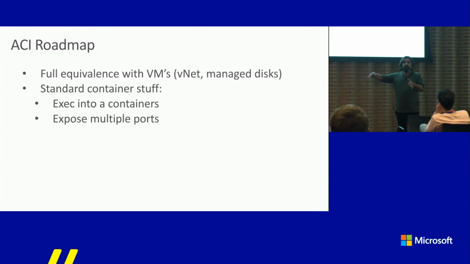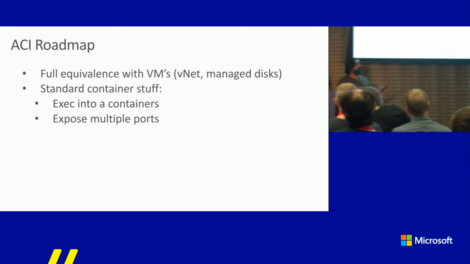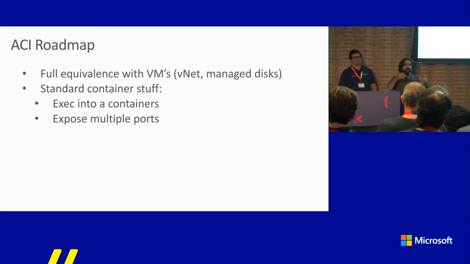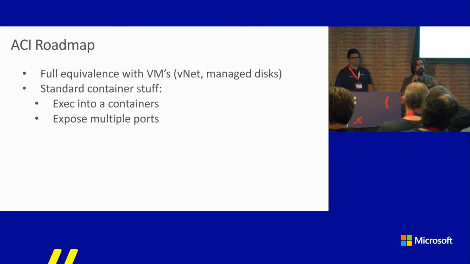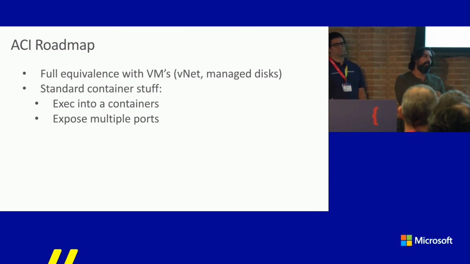We want to make this exactly like a VM, so parity in features, also with the classical Docker run command. So the ability to attach to the container, the ability to expose multiple ports, and a very well requested feature is to have a private VNet between containers in a container group, so you can attach other things in Azure, other resources like a VM, to that VNet.